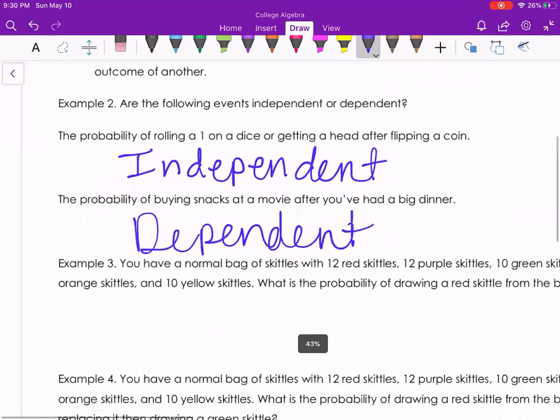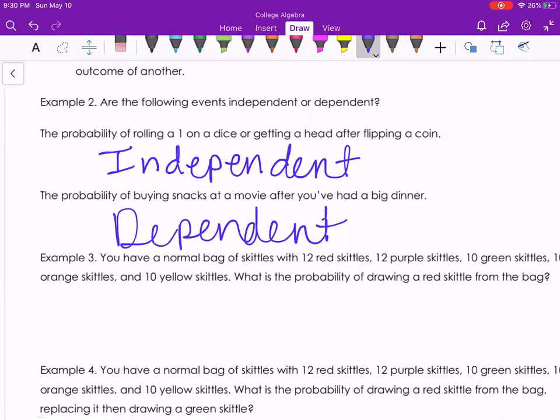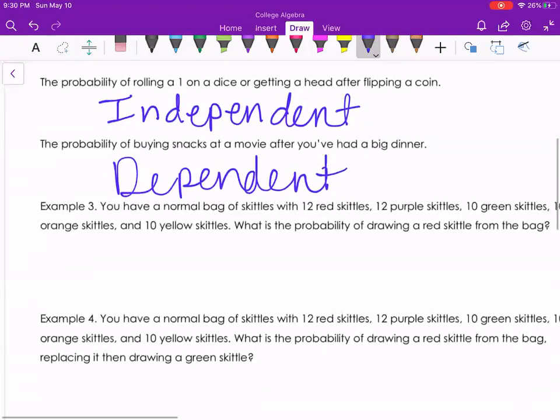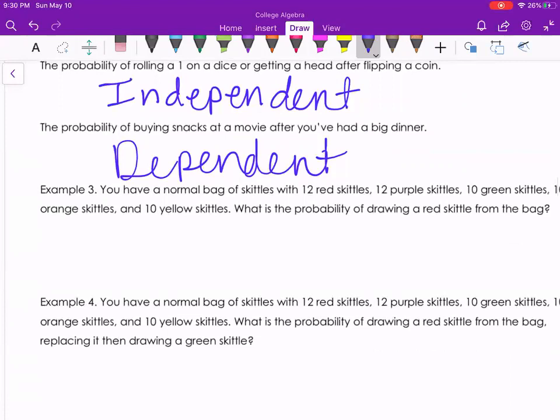So now that we have an idea about these different events, we're going to talk just a little bit about writing and finding those actual probabilities. Now, writing probabilities is very much like writing a ratio that we did a couple of weeks ago. The big thing here is, like ratios, they have to be simplified, whatever that fraction is.